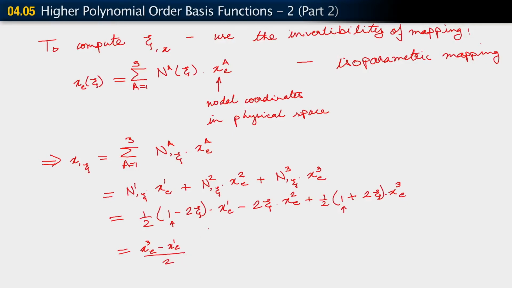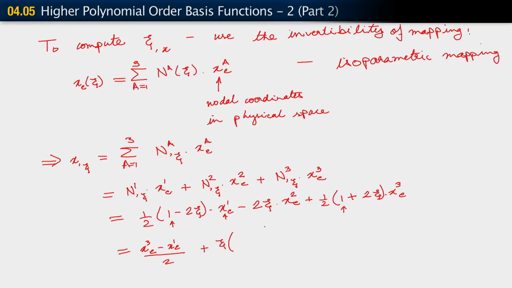The other terms depend upon ξ, and I'm going to write all of this as multiplying ξ.